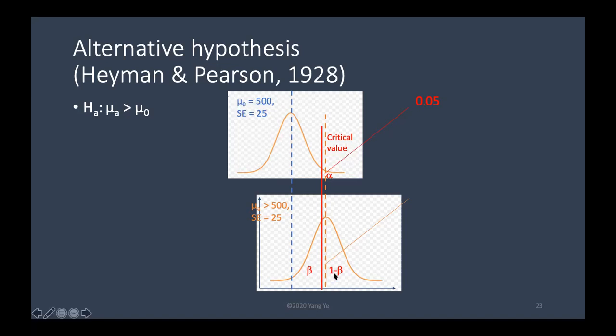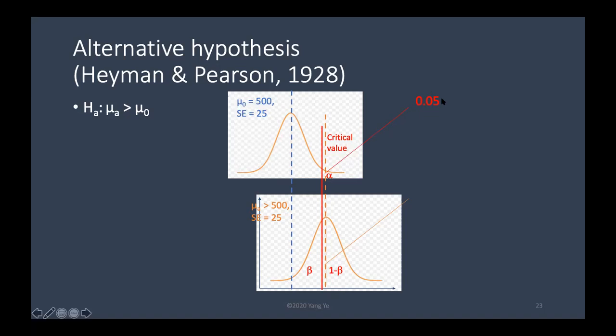So 1 minus beta is statistical power. Okay? Which means that if there is a difference, if the alternative hypothesis is true, if there's an actual difference, how likely can we get a significant result?